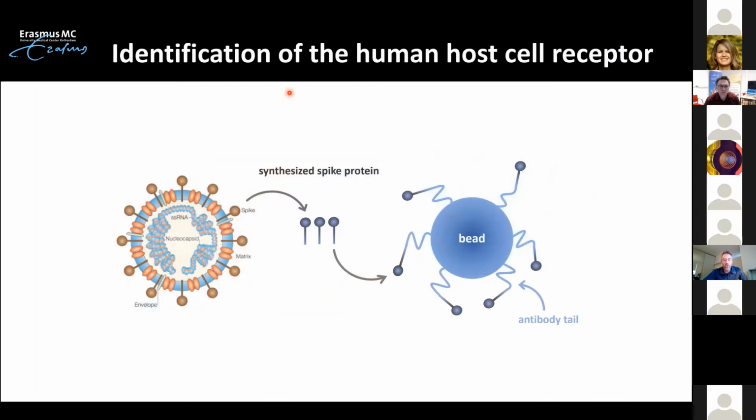So in order to identify its receptor on the human host cell outer membrane, we performed an interaction analysis.